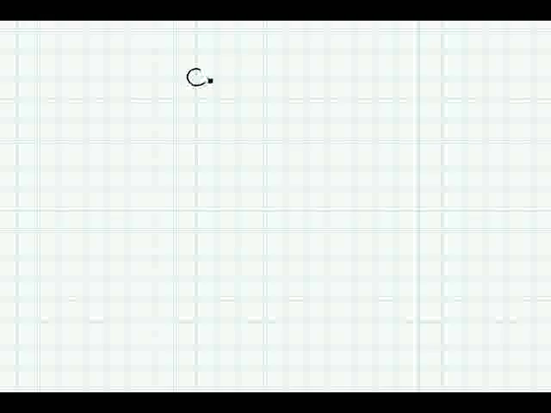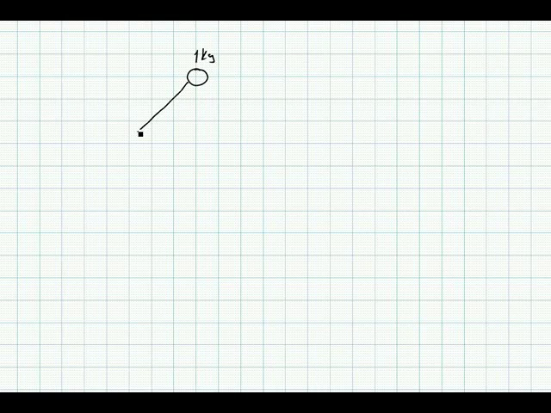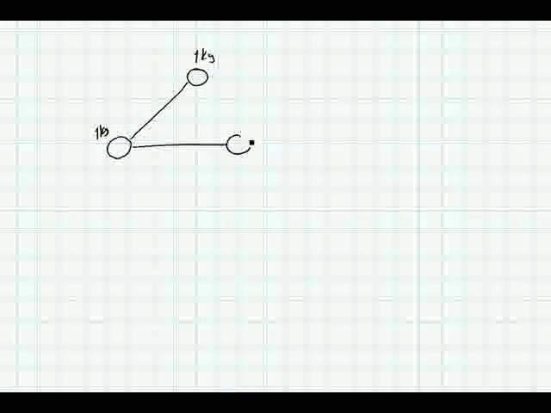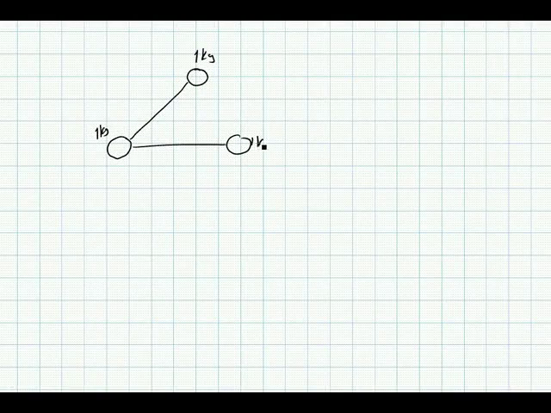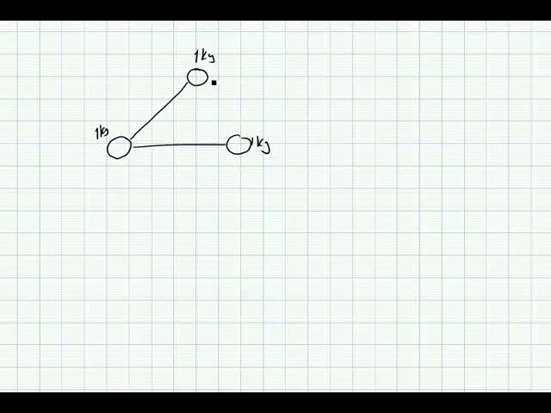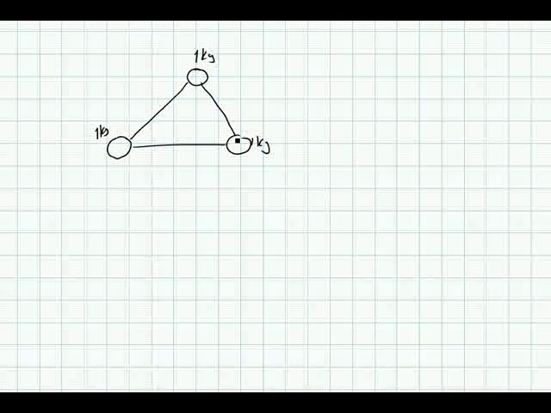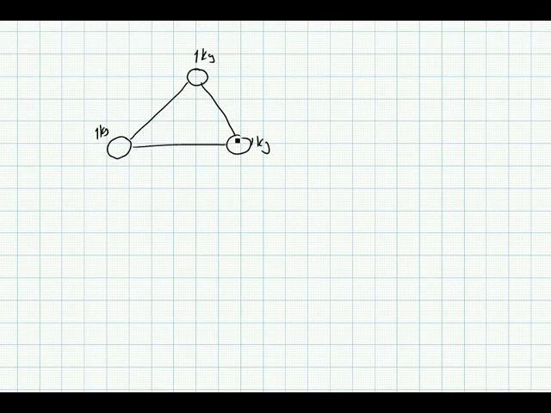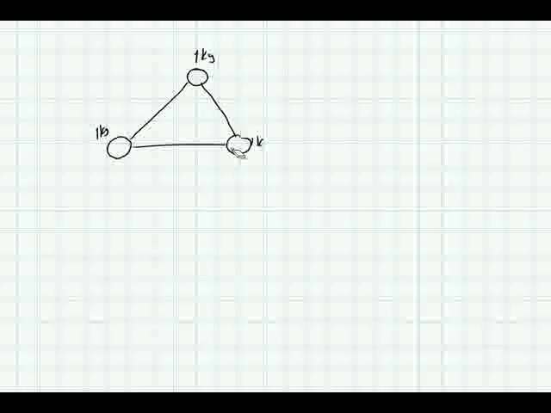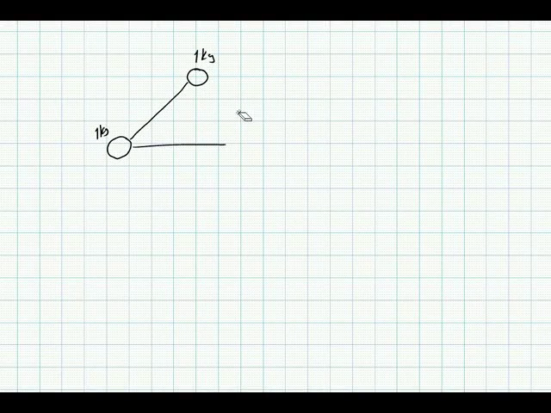So let us now do a quick example where, let's say, our extended object is a 1 kilogram mass connected to yet another 1 kilogram mass connected to yet another 1 kilogram mass. Actually, the way I draw it is not a very good drawing, so let me redraw this.